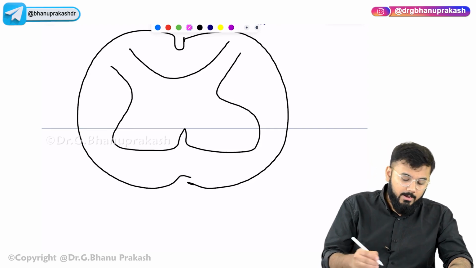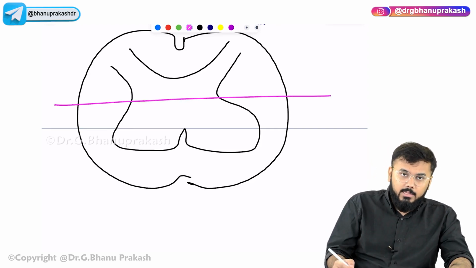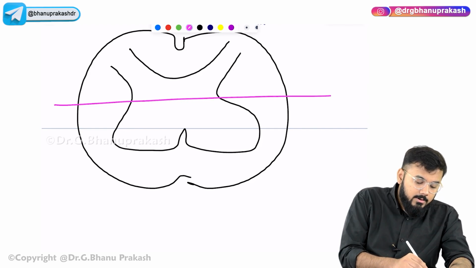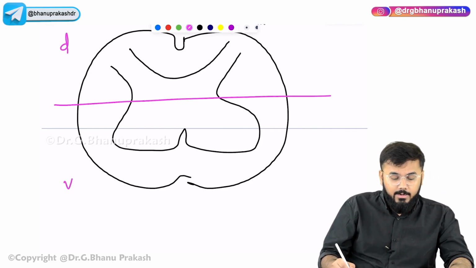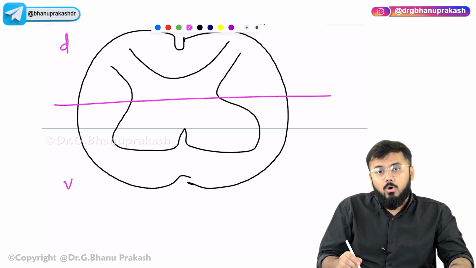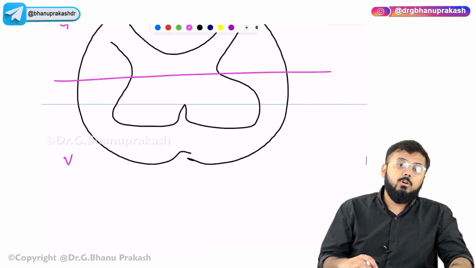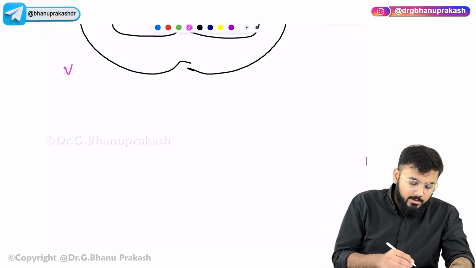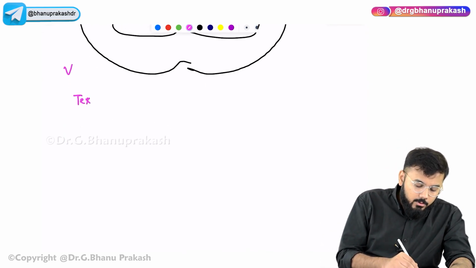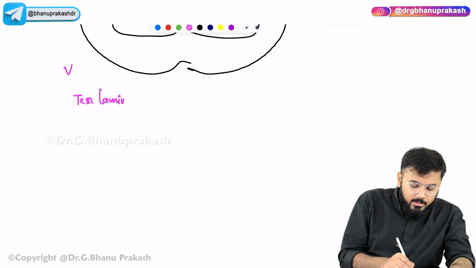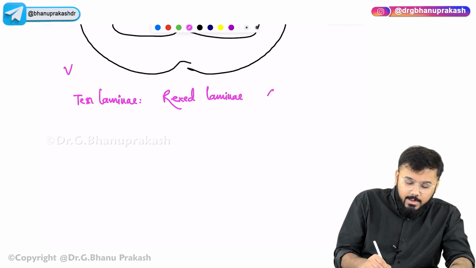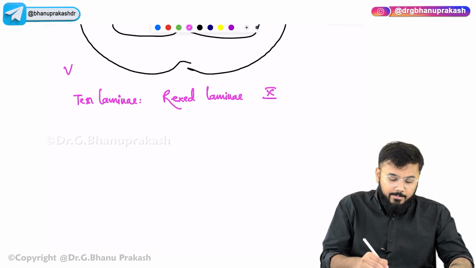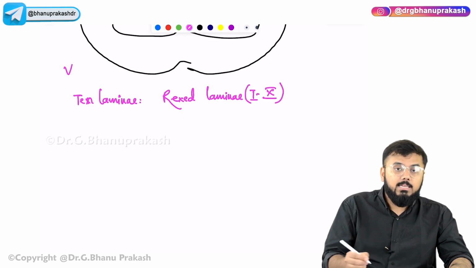Actually, the horns of the spinal cord. This is the dorsal side of the spinal cord, and this is the ventral part. These horns of the spinal cord are divided into 10 laminae, which we also call Rexed laminae. There are 10 Rexed laminae, 1 to 10.